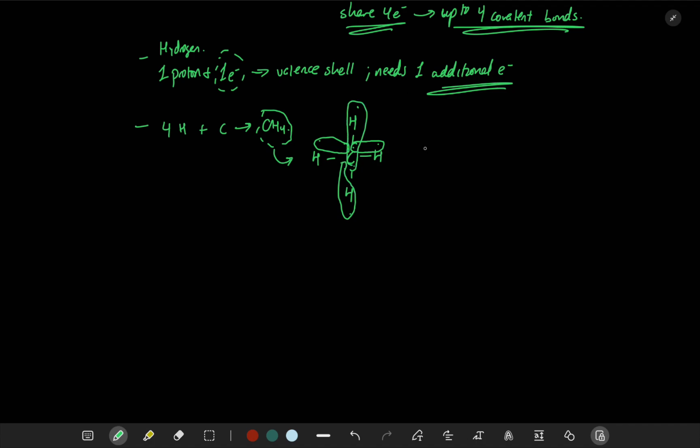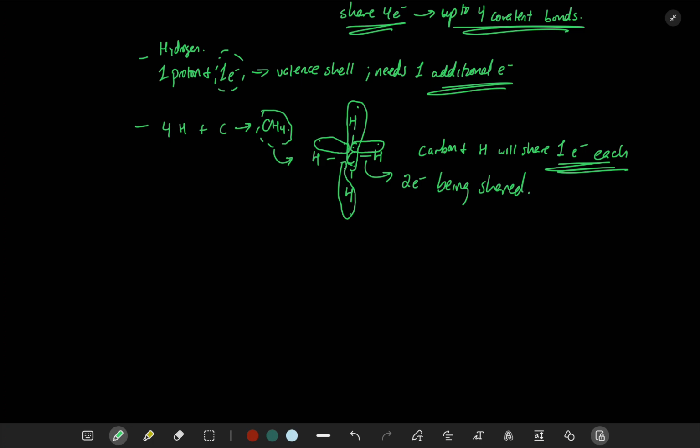So here, carbon and hydrogen will share 1 electron each, right? And so, which basically means that this bond denotes 2 electrons being shared, right? One from each atom.